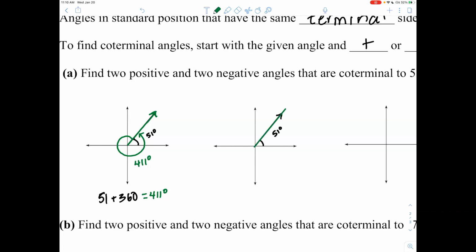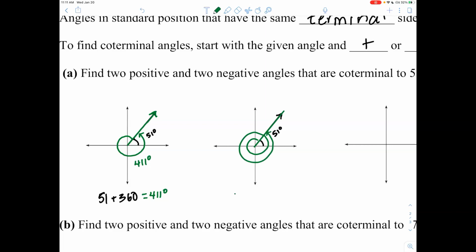So I'm going to take this line and rotate it around one time, rotate it around 2 times. So what I just did was add 360 to that 2 times, right? So I went around once, and around twice.